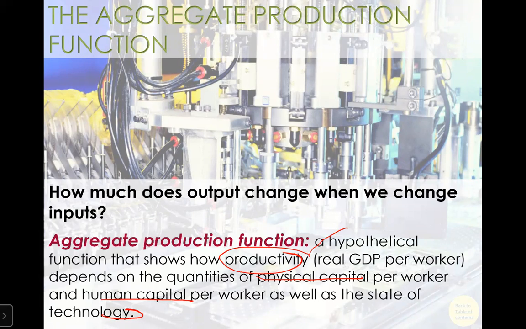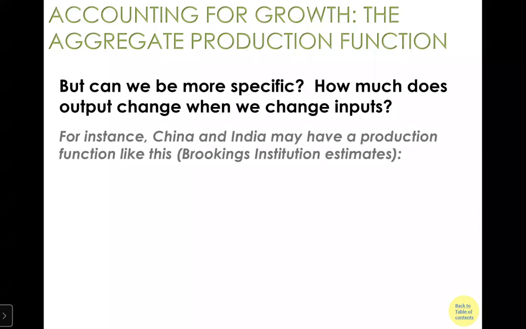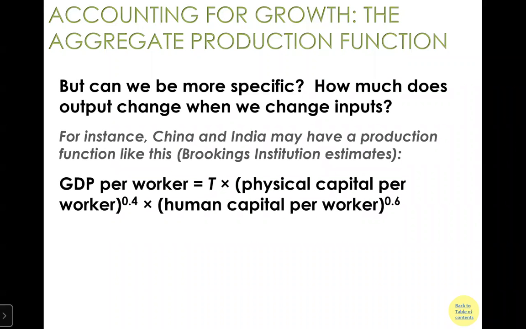This production function tells us where your productivity or growth is coming from. It is summarized here: the left-hand side is GDP per worker, productivity. The right-hand side tells you the sources of change in GDP per worker: physical capital, human capital, and technology.